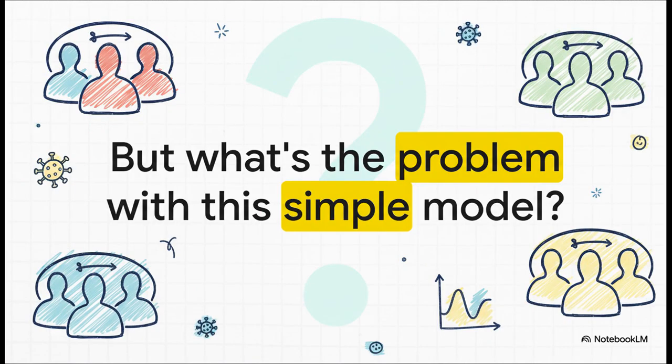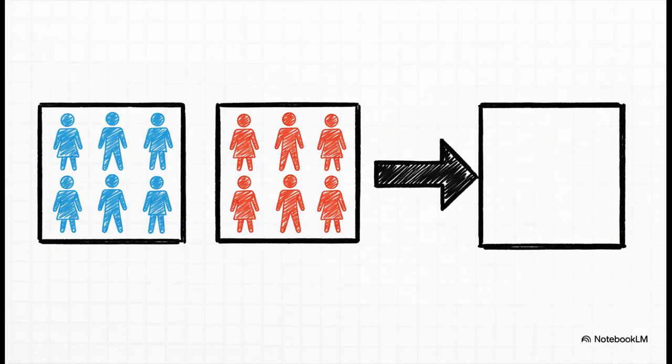Okay, but you can probably already spot the problem here, right? In this simple model, the number of infected people just keeps going up and up and up. It never comes back down. And we all know that's not how it works in the real world. Epidemics end. People recover. So to fix that pretty big flaw, we have to make the model more realistic. And we do that by adding, you guessed it, a third box.